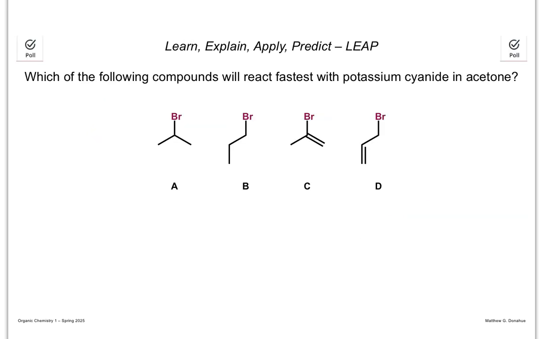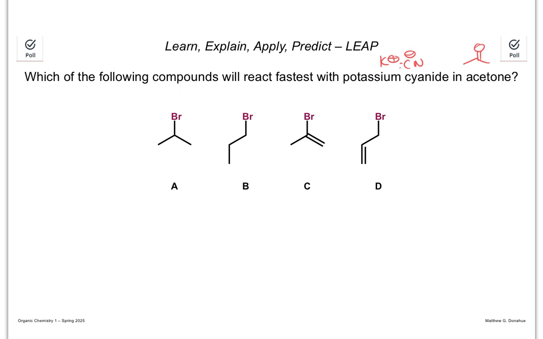So here's a series of 4 different electrophiles. And we want to treat with potassium cyanide in acetone. We can diagnose this as SN2 because we have a strong nucleophile.